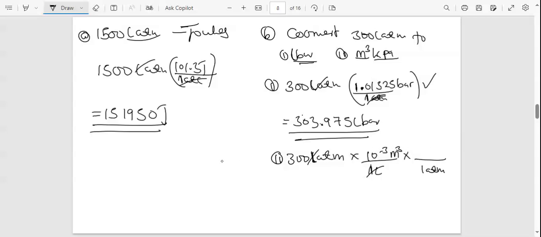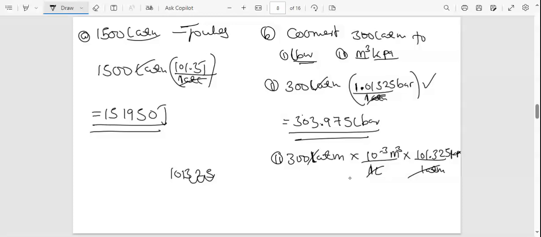You just move the point: 101.325, like that. So this gives a kilopascal.